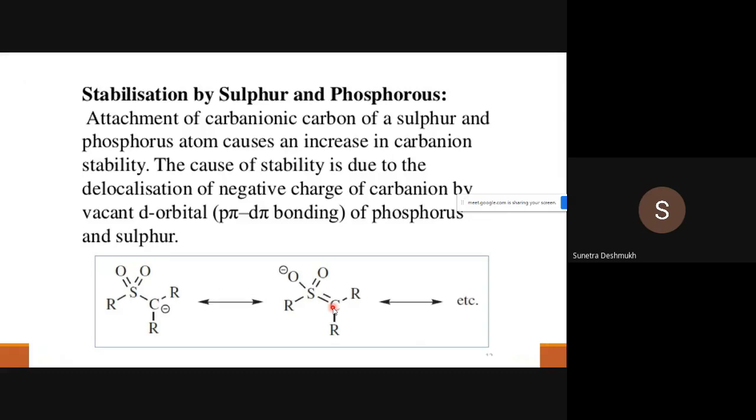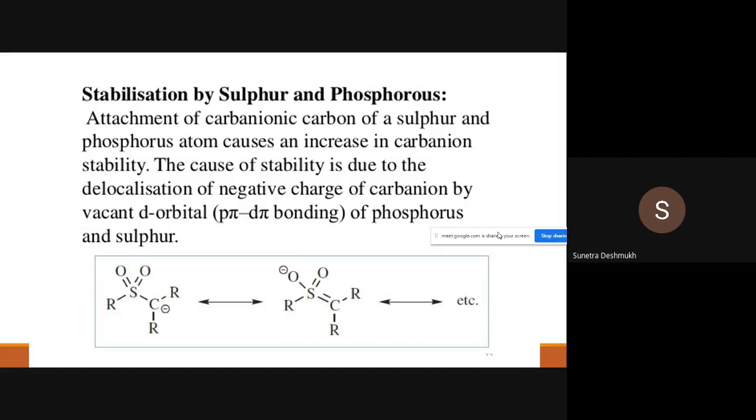The cause of this carbanion stability is the delocalization of the negative charge of the carbanion by vacant d orbitals. This is a very important point, vacant d orbitals, and we can say p pi d pi bonding.